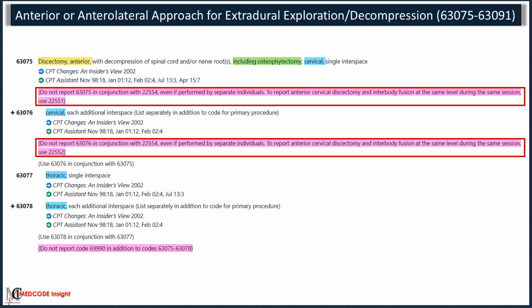To report this procedure performed at the same level during the same session, use code 20551 or 20552. If the microscopic technique is used to perform the procedure, do not code it separately.